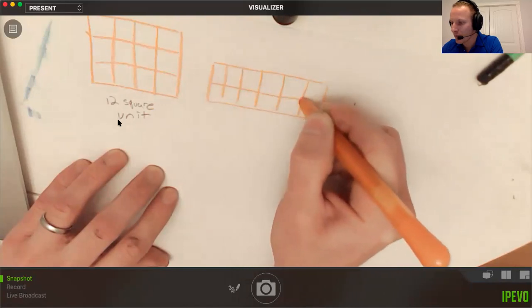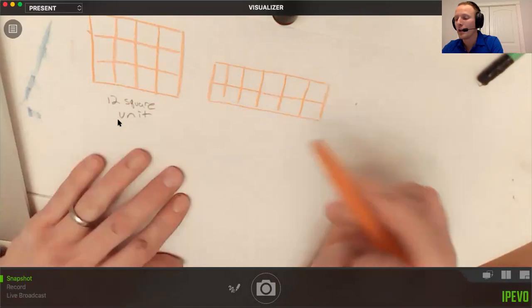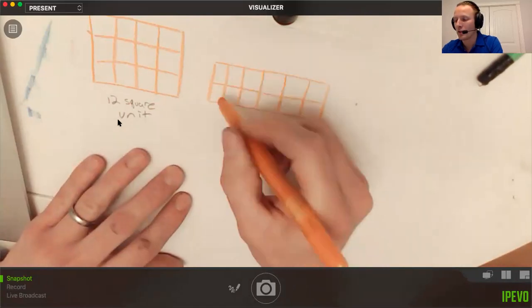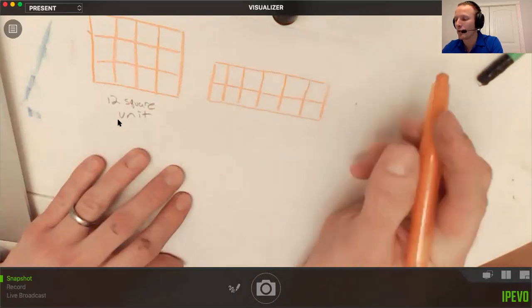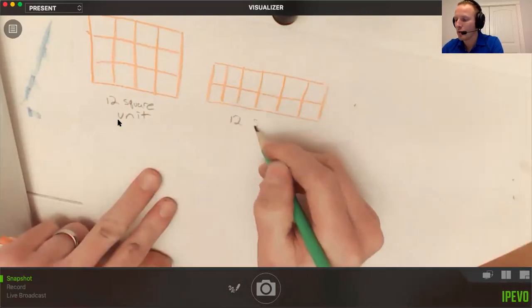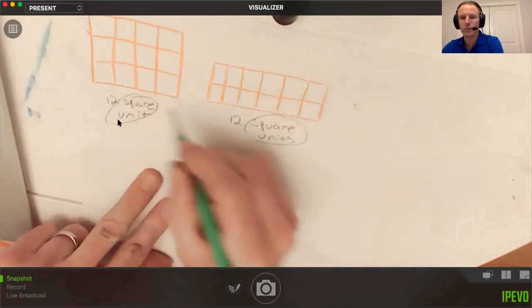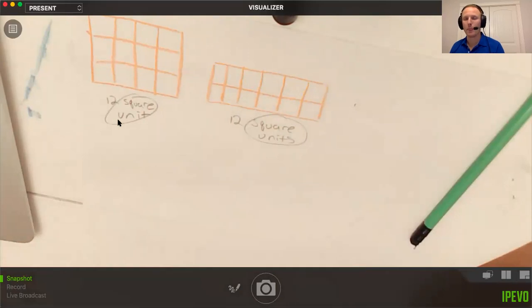So again, Mr. Brunel's drawing's not fantastic, but pretend there were 6 squares in each row. So we'd have, again, 12 square units.